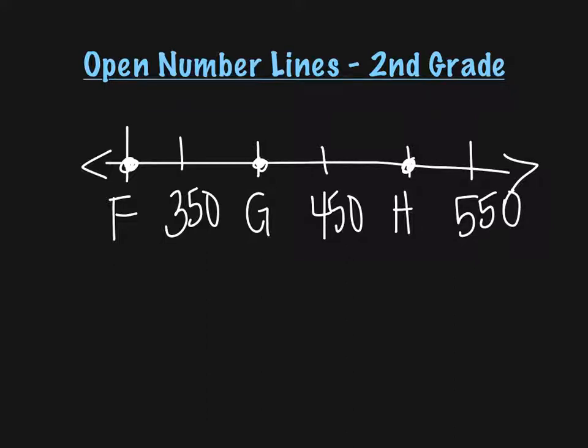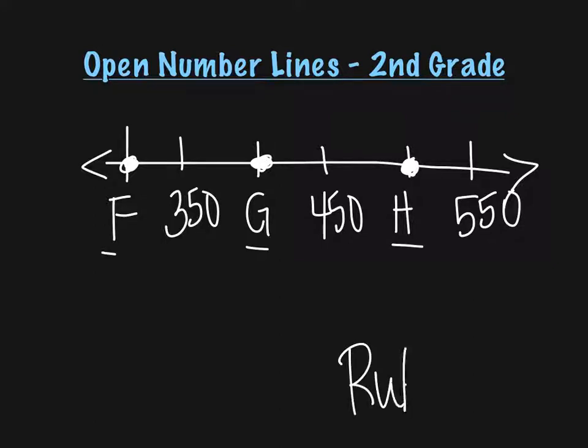Okay, now, first of all, I notice that I have to number my number line because I have letters. I have the letter F, the letter G, and the letter H standing for those points on the number line. So what I have to do is figure out what F, G, and H stand for.